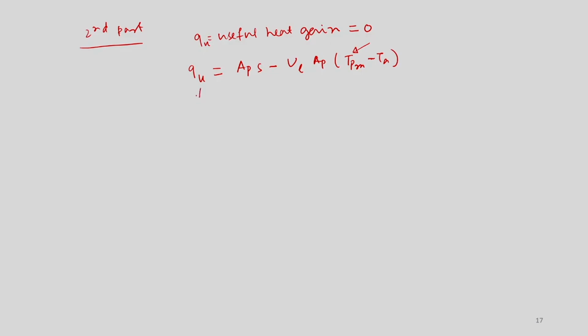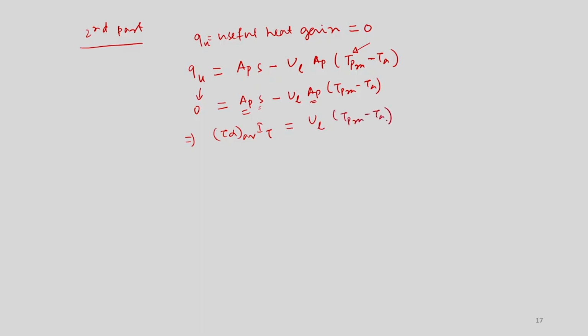QU is 0, and here AP S minus UL AP TPM minus TA. If we simplify, AP is common to both terms, so we can take it out. S is nothing but tau alpha average into IT, and this equals UL into TPM minus TA.